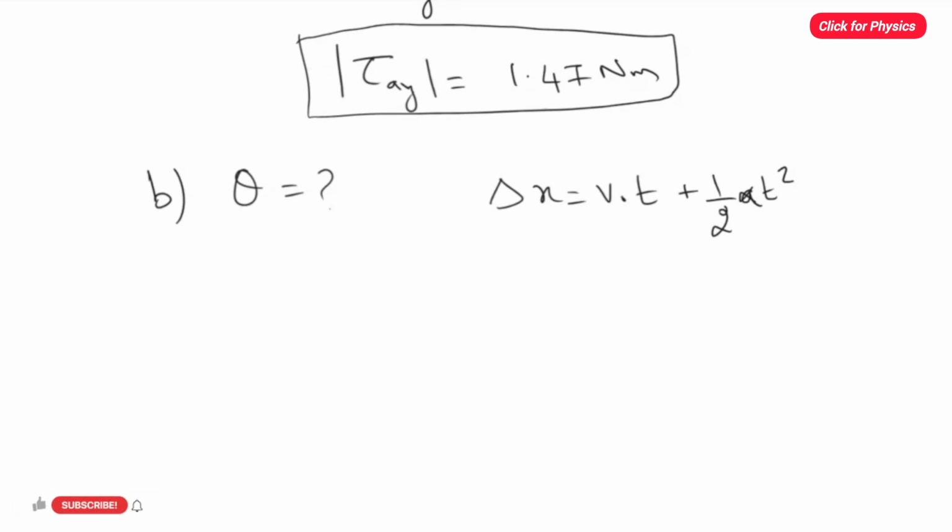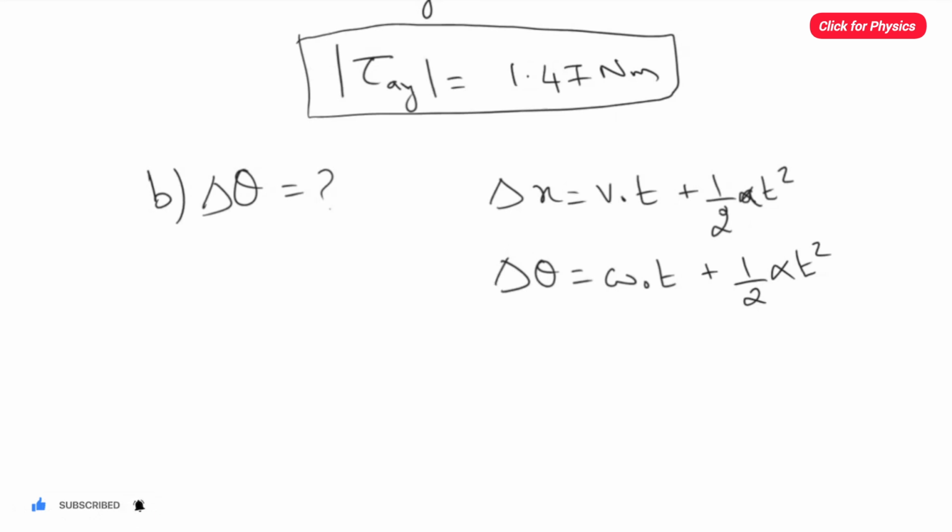This is our linear equation we studied in chapter number 2. If you convert this in terms of rotation, we will get delta theta equal to omega naught t plus half alpha t square, right? So this formula I am going to use. That means we have to find the value of theta minus theta naught, which is nothing but delta theta.